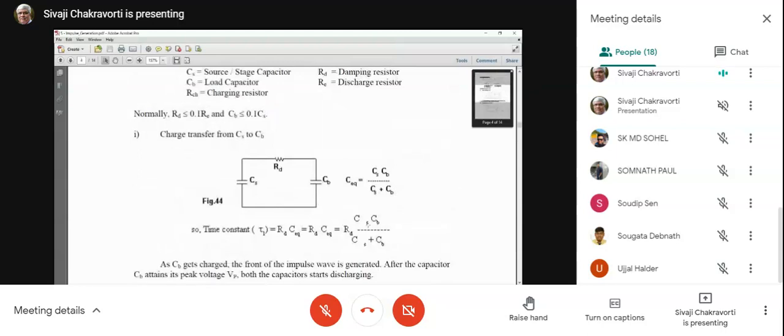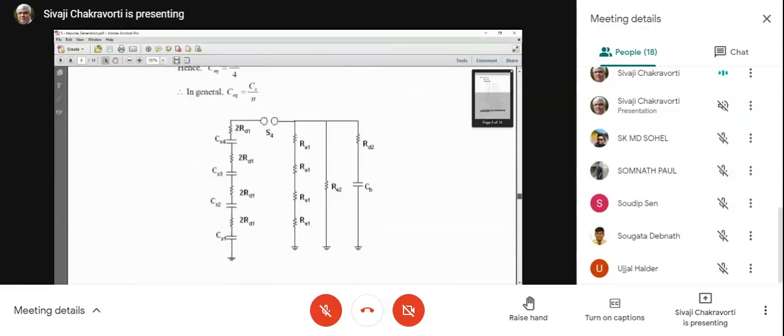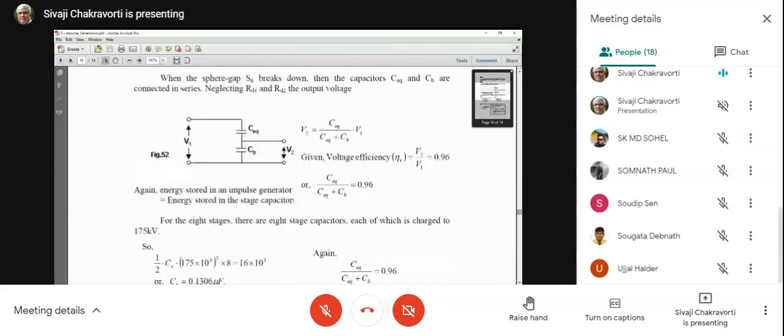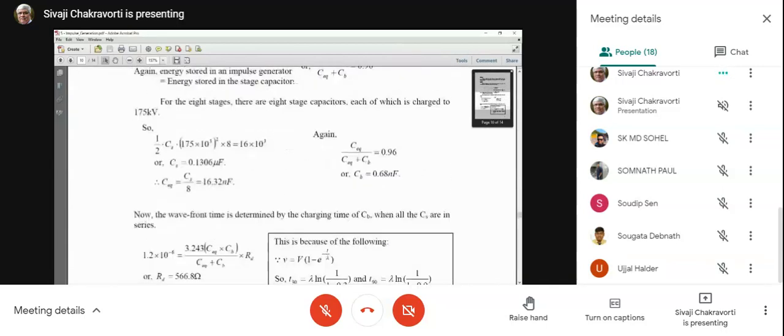This is the circuit which I showed you, that this stage capacitor charges the load capacitor. Now here it is CS by 8, that is the C equivalent. Then we have RT and we have CB. Now, by the way, we are not going through the exact transform circuit. Of course, we can do that, but we are solving it through this approximate equivalent circuit.